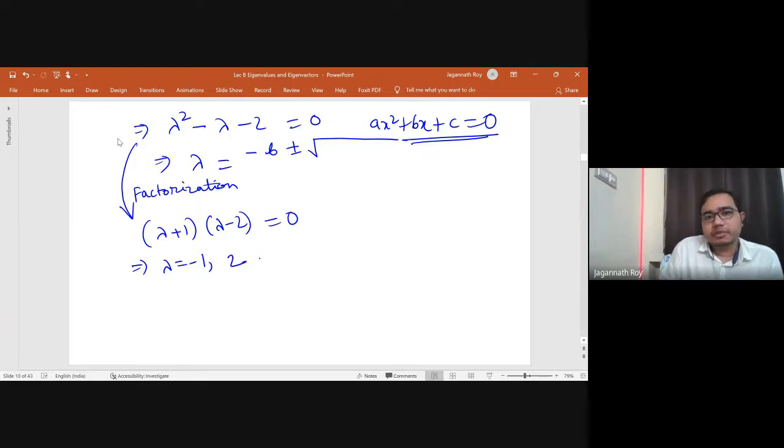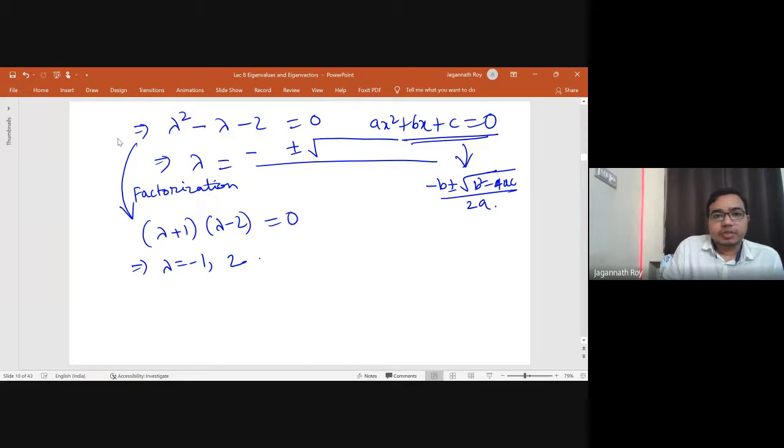Another approach: here it is minus b plus minus root over b square minus 4ac, divided by 2a. So in this case, what do we have?